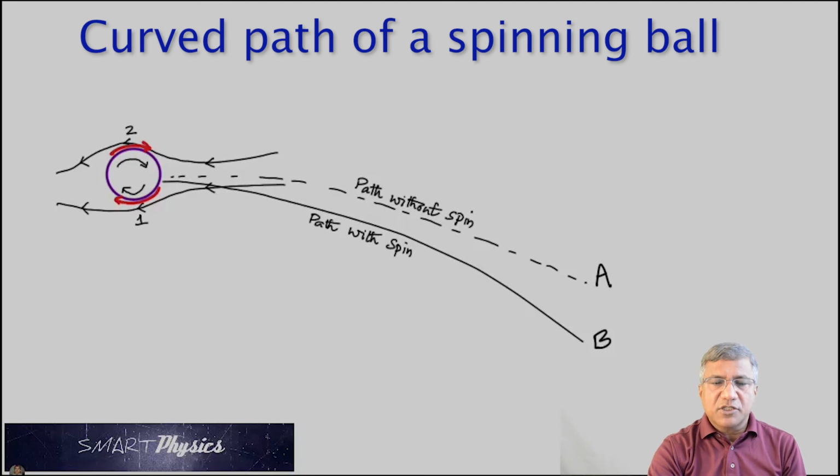That means the speed of air flow below the ball is higher. And where the speed is higher, the pressure is lower. That's why the ball curves and hits the ground at B instead of at A. If the ball had not been spinning, just because of the action of gravity, of course it would have hit the ground at A. But because of the spin, it hits the ground at B.